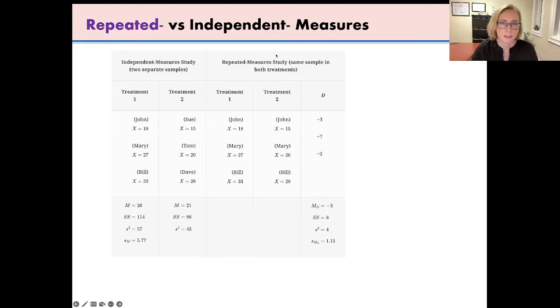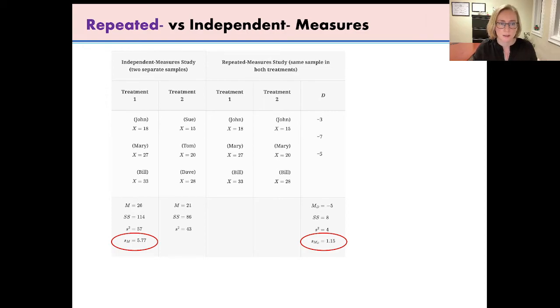Whereas for repeated measures, you're doing a difference score, and your variance actually ends up being a lot smaller because it's the same people. You're not dealing with a whole other group of people who have a separate degree of variability. If you actually calculated their variance, these are all the same numbers, but how you calculate it for the different tests is different.